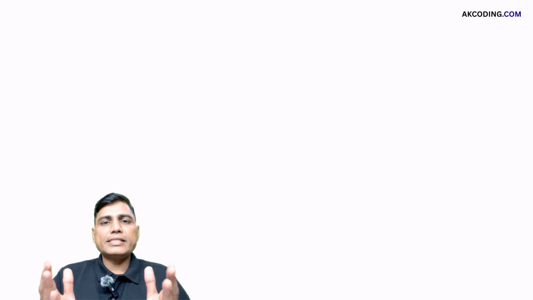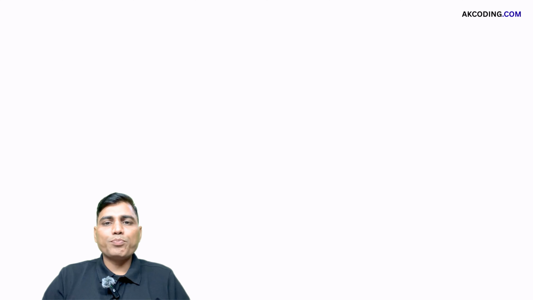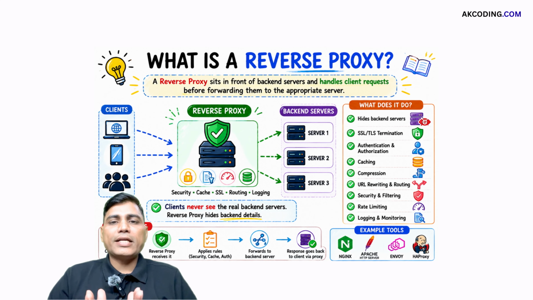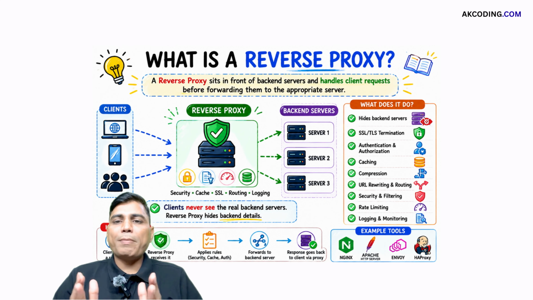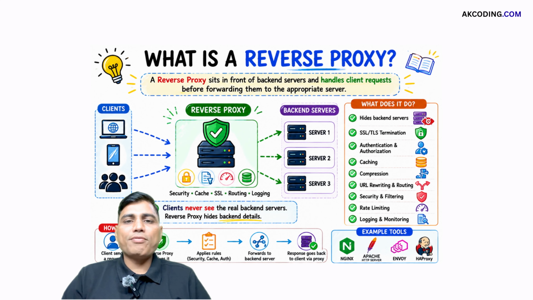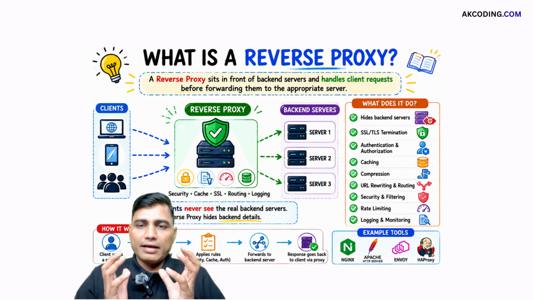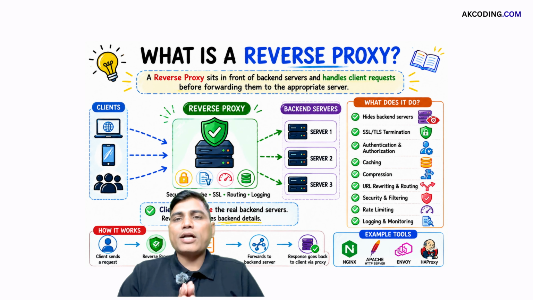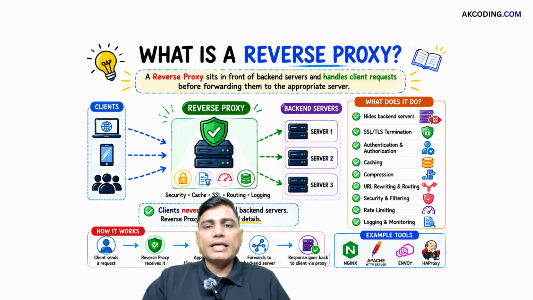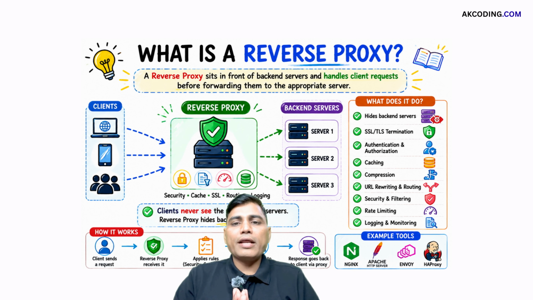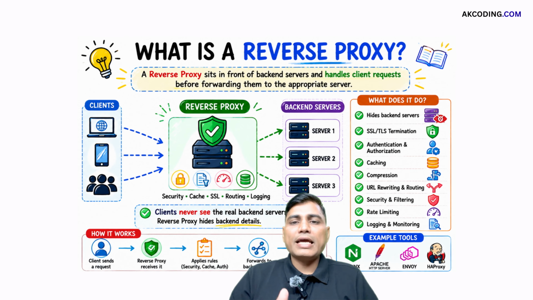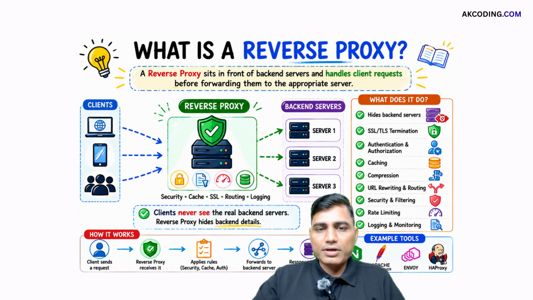Now let's understand from the technical perspective what a reverse proxy is. A reverse proxy sits between client and backend servers. Instead of the client directly communicating with the application, they first talk to the reverse proxy. The client never knows where your backend server actually exists. The reverse proxy hides the backend server.